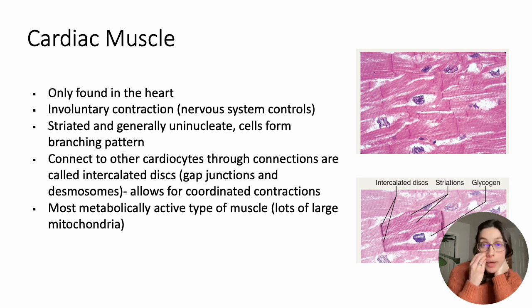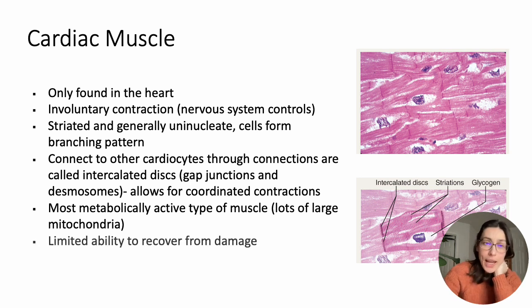We will learn more about cardiac muscle in a future class, but this muscle has a limited ability to recover from damage, and that is why heart attacks can be fatal. If a large enough area of the heart is damaged by a heart attack, that area will not be regenerated, and a heart can't work without all those cells that are now damaged and not working.